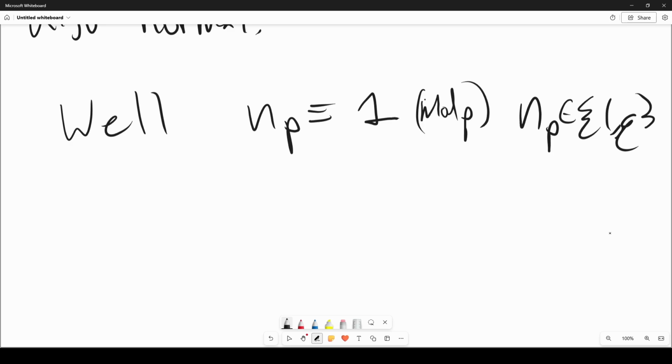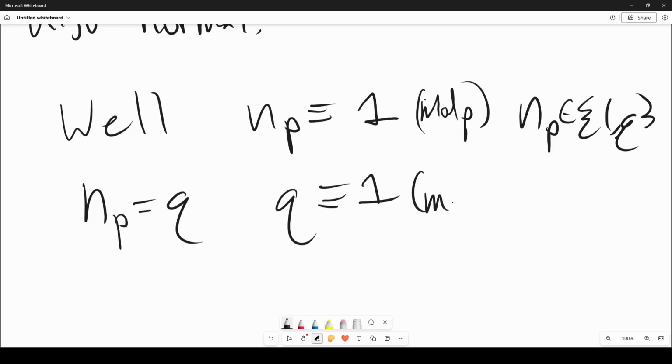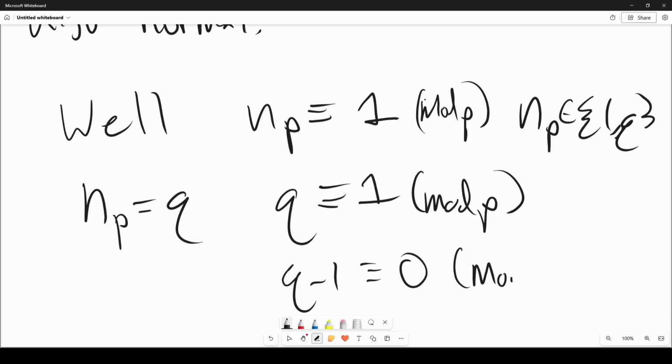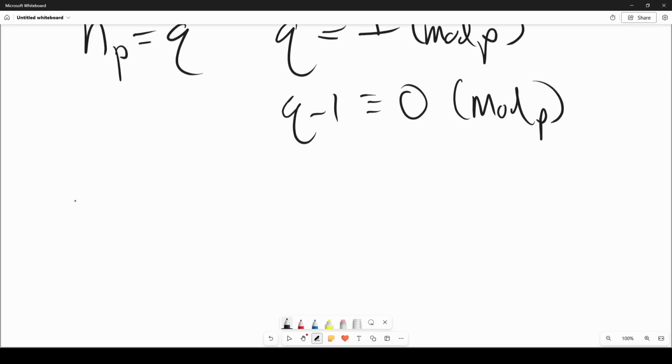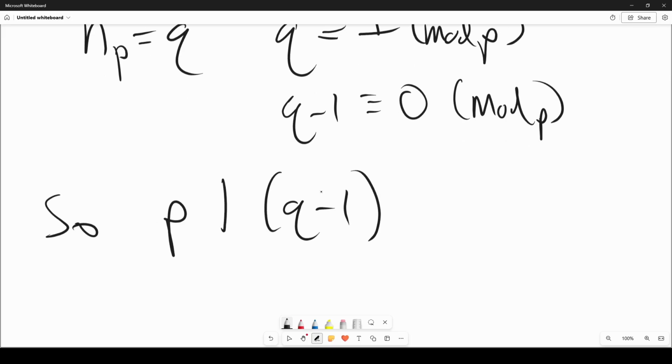So let's assume by way of contradiction that it's not normal, so N_P has to equal Q. I get that Q is equivalent to 1 mod P, or Q minus 1 is equivalent to 0 mod P, which means that P is a factor of Q minus 1. So P must divide Q minus 1.